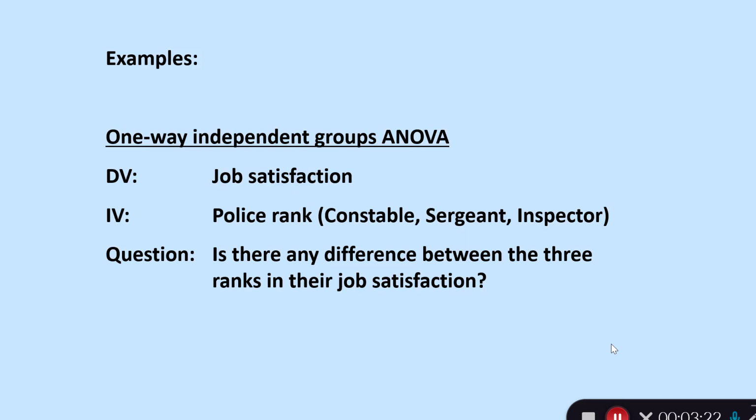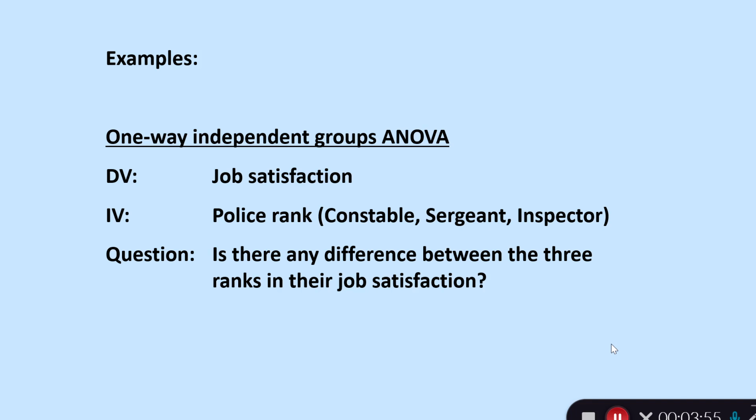Okay, so just some examples. If you recall, when we looked at one-way independent groups ANOVA, we had different participants in each of the levels of the independent variable. We've only got one independent variable, so it's a one-way independent groups design. This is just to illustrate what such a design looked like. This isn't a particular question we looked at, but for example's sake, let's say we have one independent variable, and that's rank.